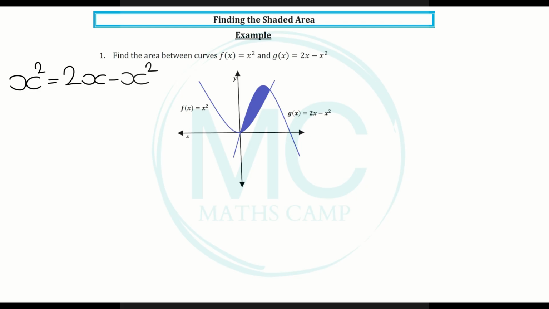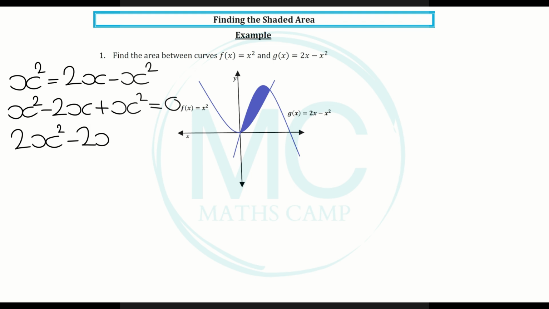We're working with a quadratic, so let's move all of our terms to the left. I'm going to get x squared minus 2x plus x squared is equal to 0. Now I have 2x squared minus 2x is equal to 0. Both of these terms have a coefficient of 2, so let's divide everything by 2.